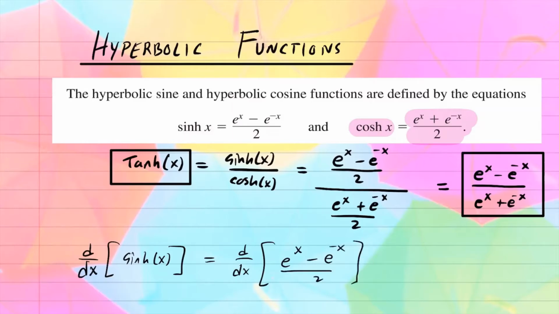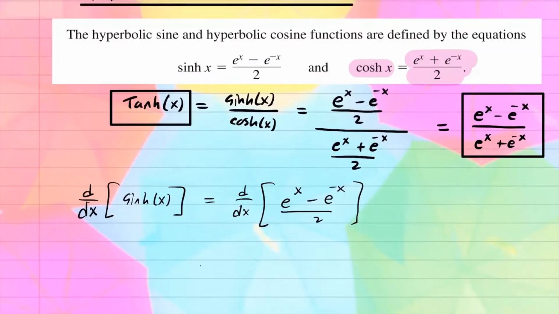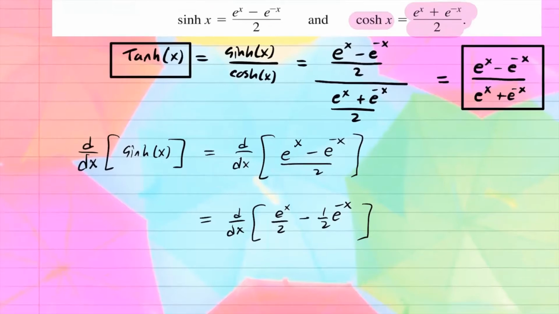Now let's differentiate this since we know the derivative of this function. So I'm going to separate the fraction into 2 separate fractions. So we're taking the derivative of e to the x over 2 minus 1/2 e to the negative x. And now, using the power rule, we know the derivative of e to the x times 1/2 is simply 1/2 e to the x.